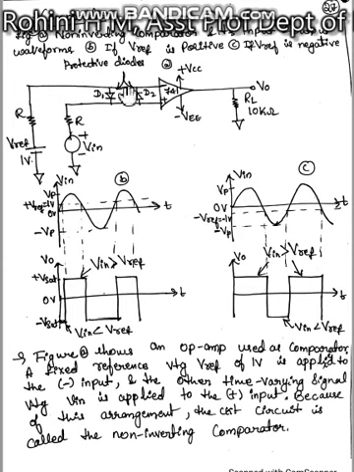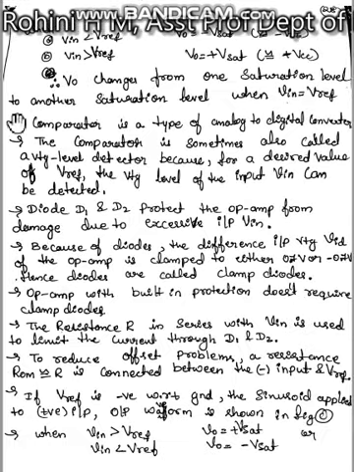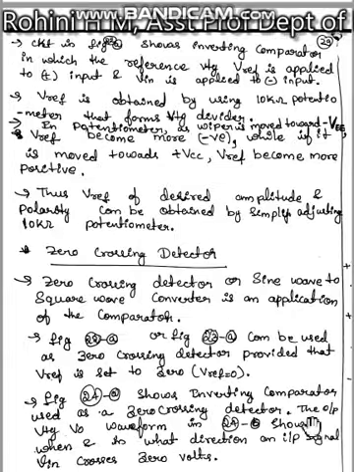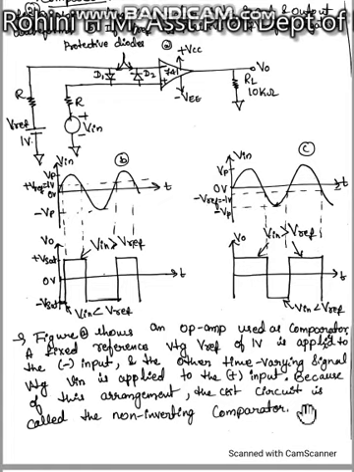When V reference is negative with respect to ground and the sinusoidal input is applied to the positive input, the output waveform is shown in figure C. This diagram is the condition when the V reference value is negative.